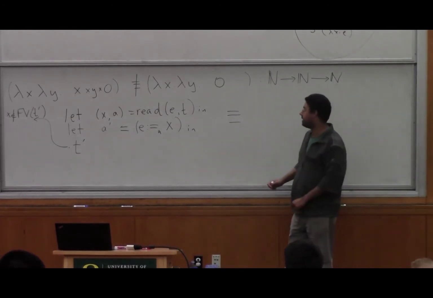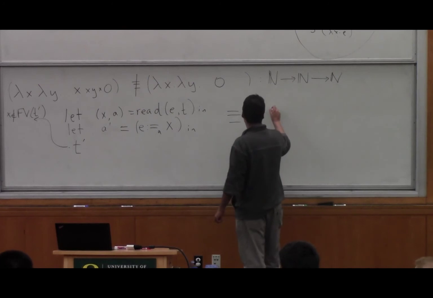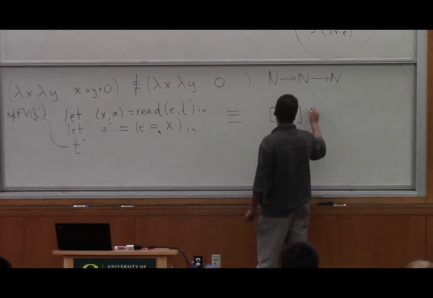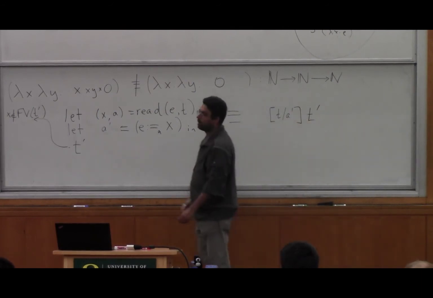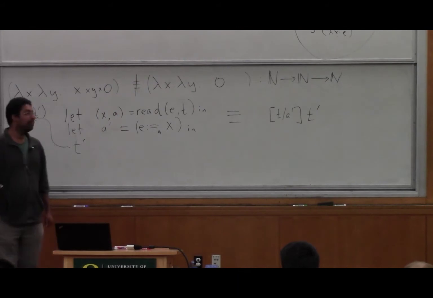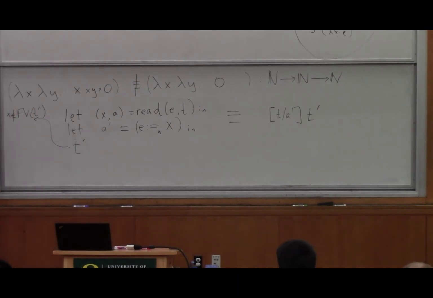So we didn't need to have done anything in the first place. So this whole thing is equal to t prime. And so we would have been able to remove both the read and the write from this program.